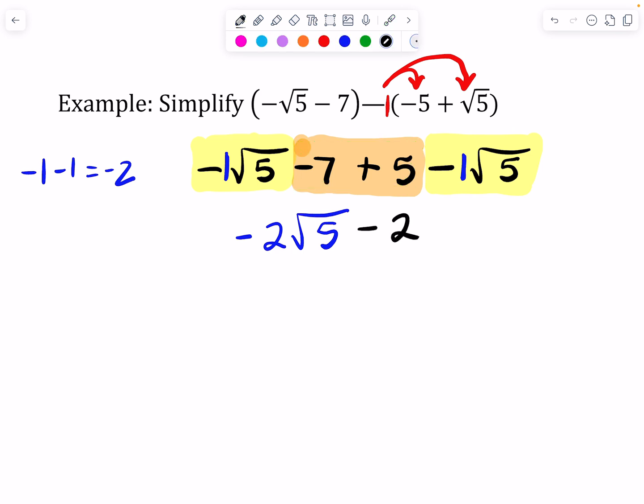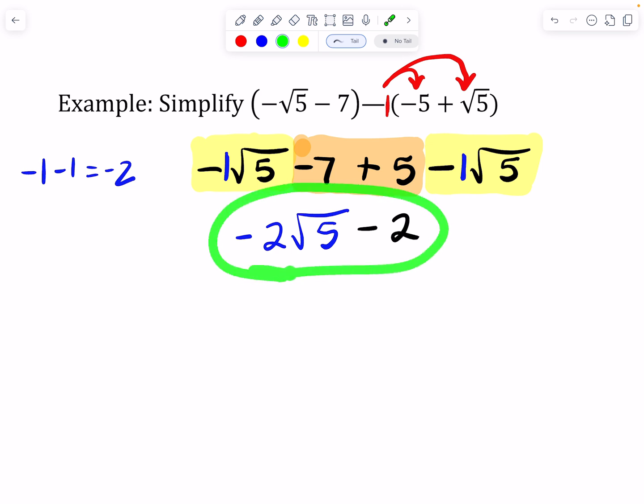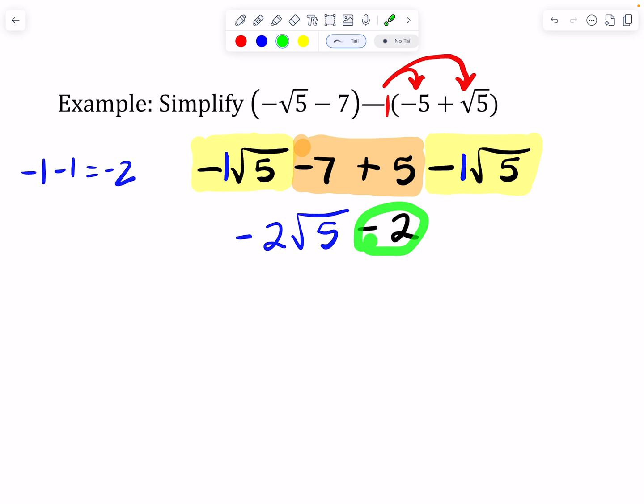Now, sometimes when you put your answer in on our homework program, this -2 tries to sneak under the radical, and it's not supposed to be under there. So if it's easier for you, you can write the -2 without the radical first, and then write the -2 with the radical after that.